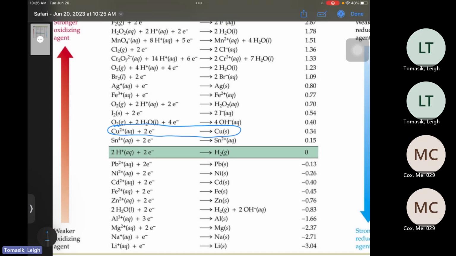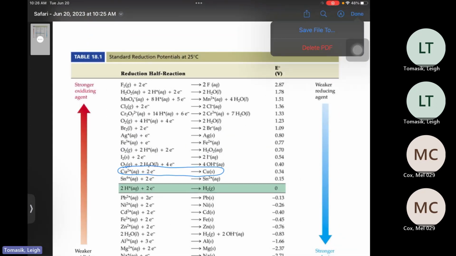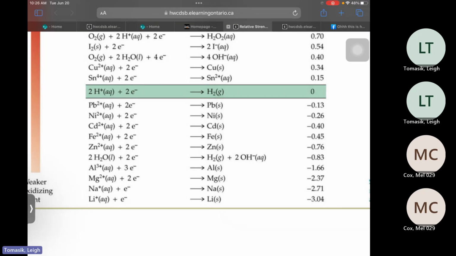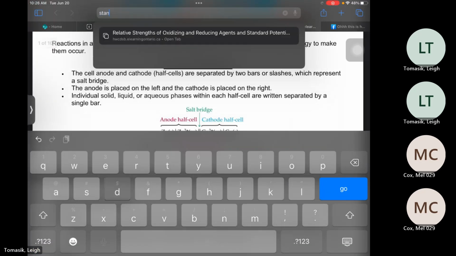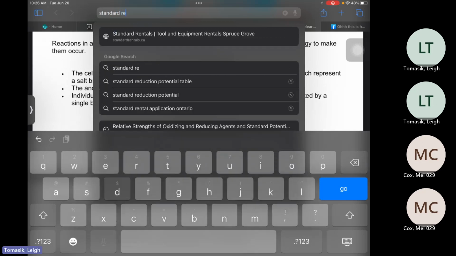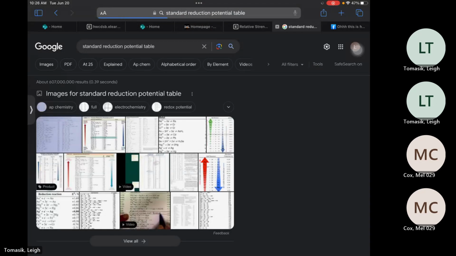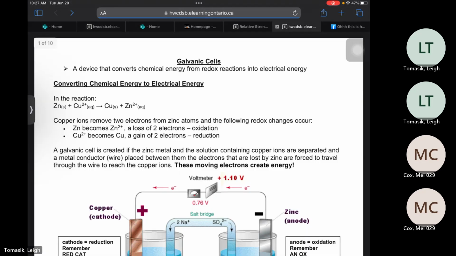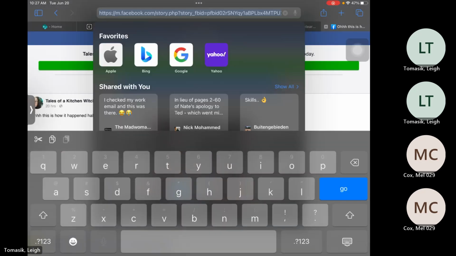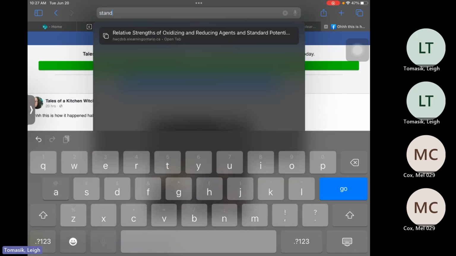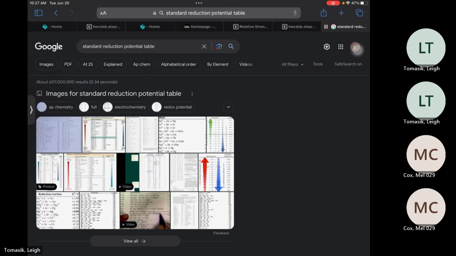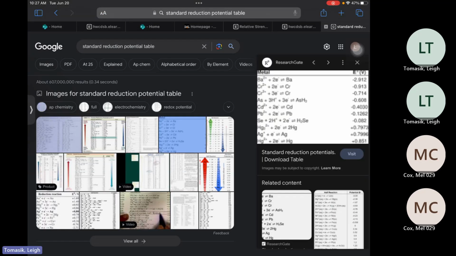So we may need another chart. Okay, let's see if we can find one with tin.